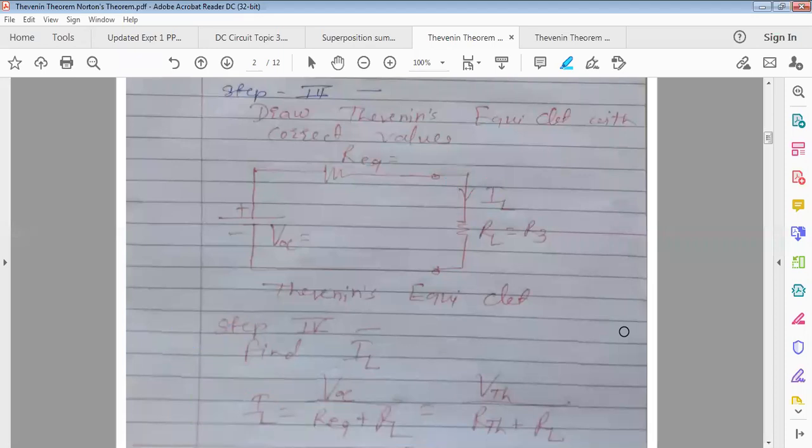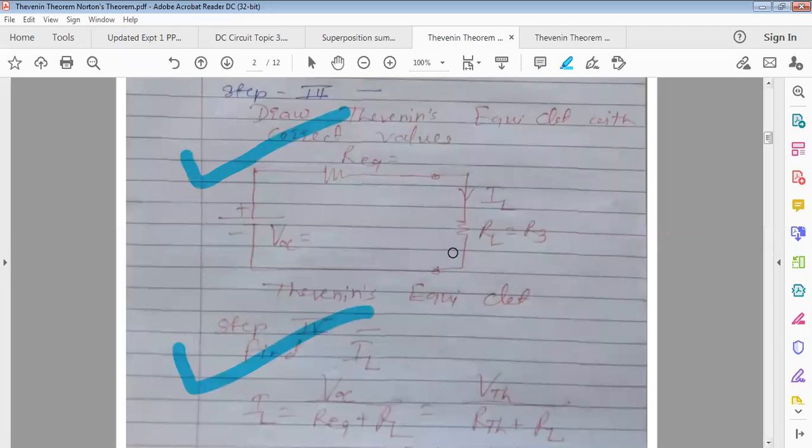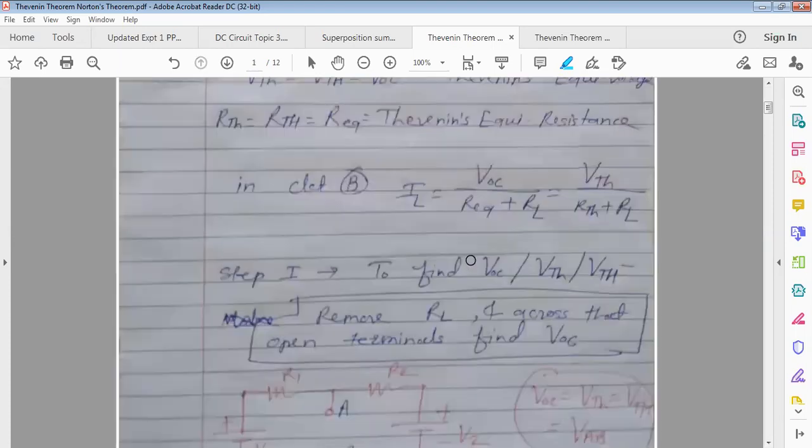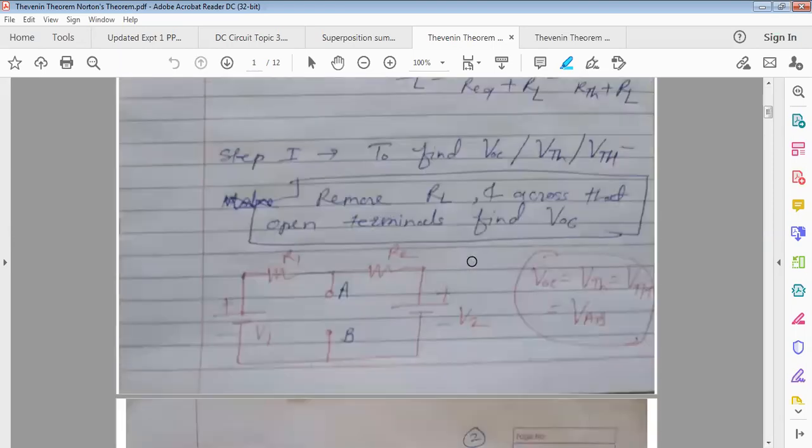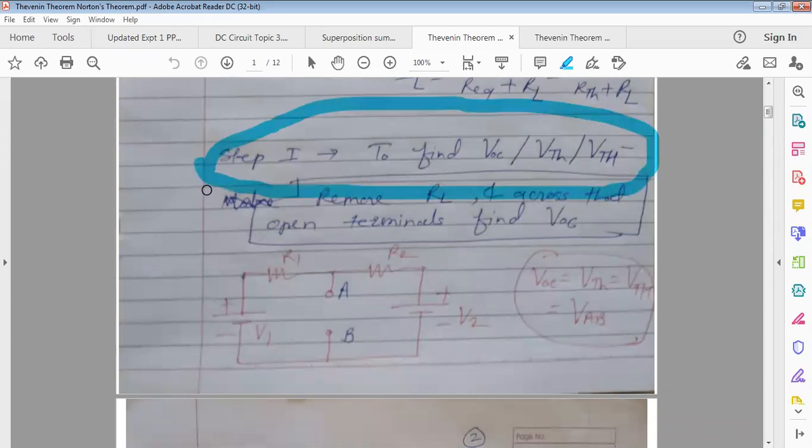First step is to find out VOC. Second step is to find out R equivalent. Third step is to draw the Thevenin's equivalent circuit. And fourth step is, using this formula, calculate the value of load current. Again, I am repeating. First step is to find VOC, Thevenin's equivalent voltage, VTH.